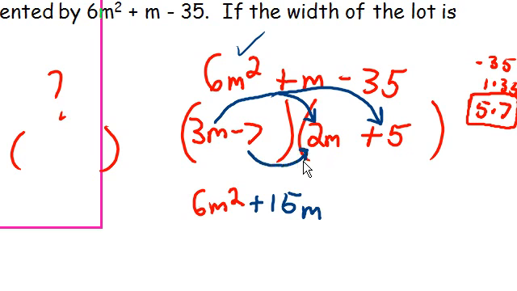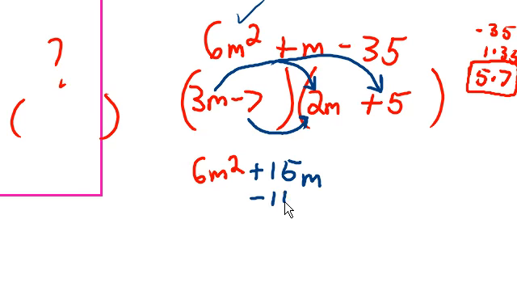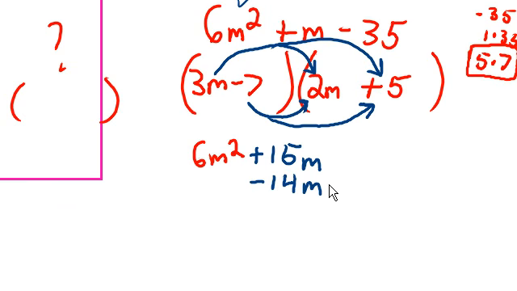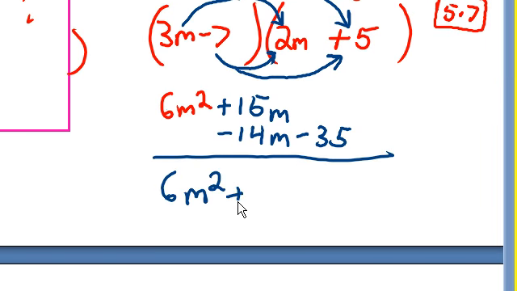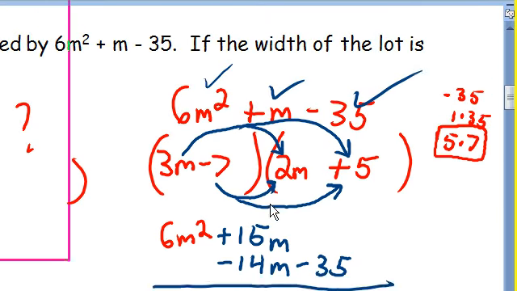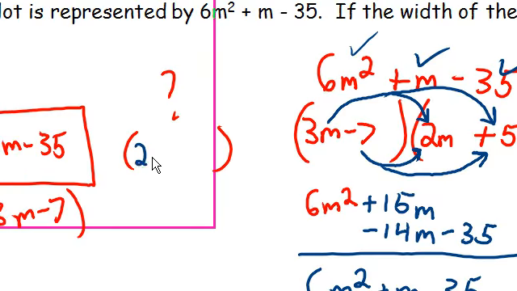Negative 7 times 2m is negative 14m. And negative 7 times positive 5 is negative 35. So let's add like terms. 6m squared plus m minus 35. Bingo, we matched it. So the other side length is 2m plus 5.